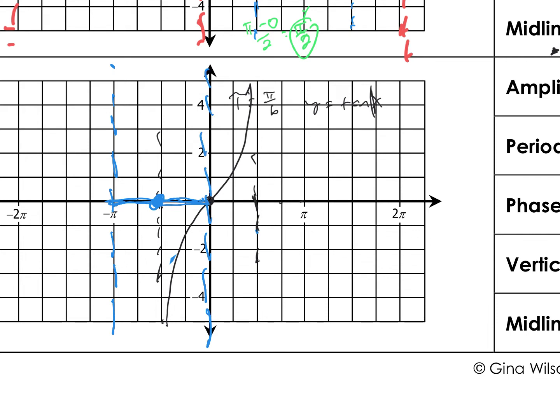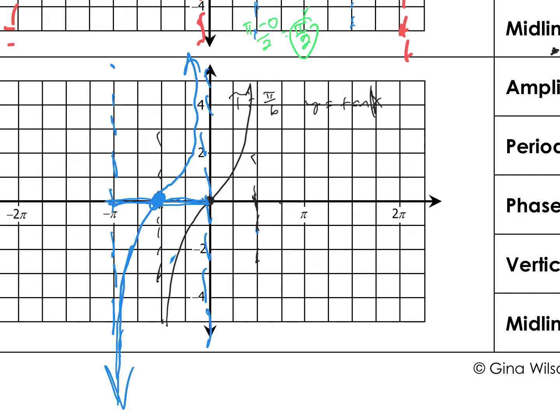Not where the original black one is, because that was the parent. And I'm going to do the exact same thing. Here's where it's got to go up from the bottom, up, up, up, up, up. And remember, it goes down forever. So up, up, up, up, up, wrap it up, twist it over, go towards the new asymptote. There it is. This one here, the black, is not part of my answer.